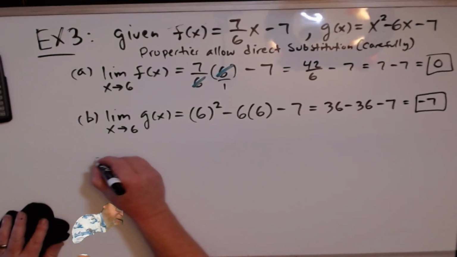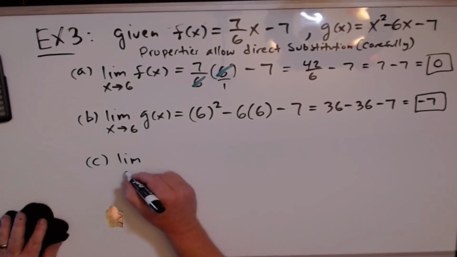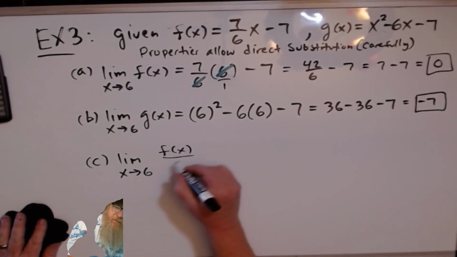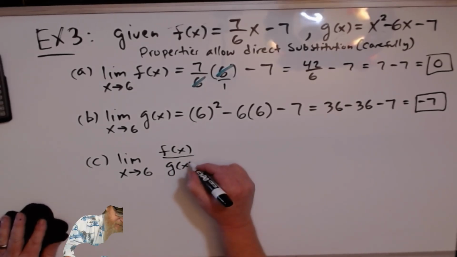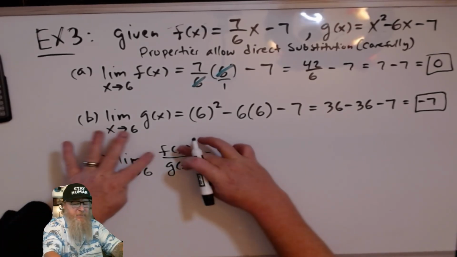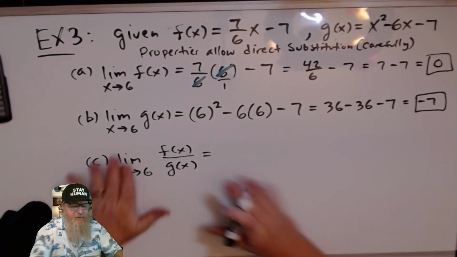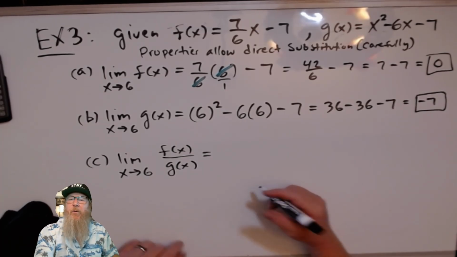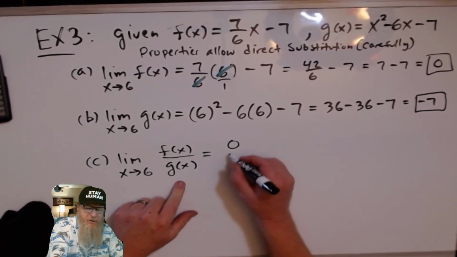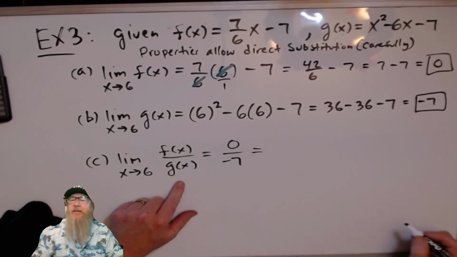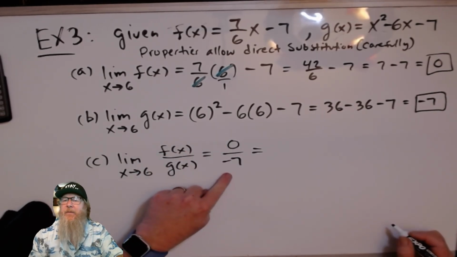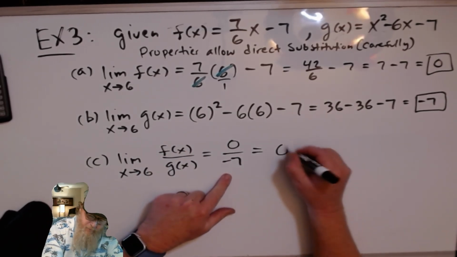Now watch this. Look how quickly we can do these now. F of x over g of x. In the interest of time, I'm omitting the brackets. There's brackets here. Well, we already know the limit of f is 0. We already know the limit of g is negative 7. It's okay that there's a 0 on the top, as long as there's no 0 on the bottom, the result is 0.